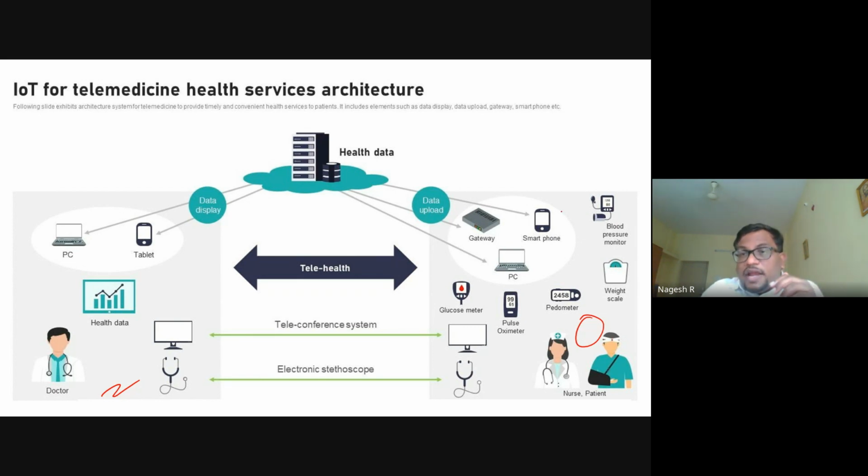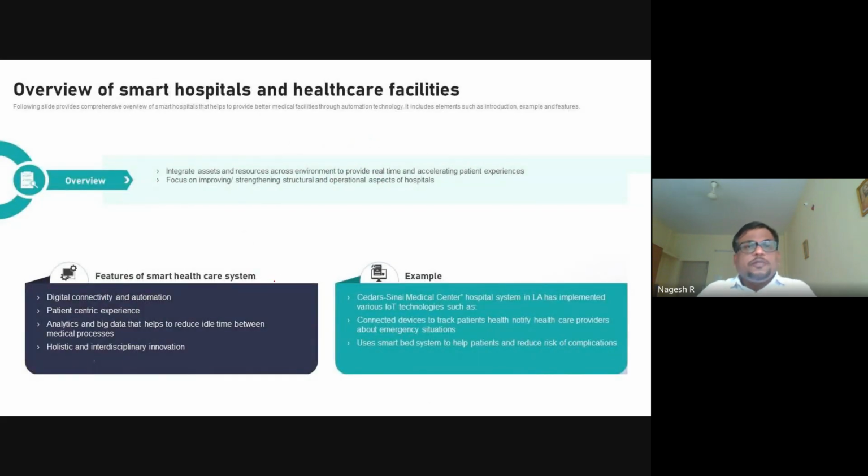You can visit a primary health center where the various vital parameters are measured, and that data is uploaded to the cloud, and the doctor sitting at a distance can have a teleconference with that patient and provide solutions to his ailments. This is one of the advantages of telemedicine, and the implementation of IoT has made this dream a reality.